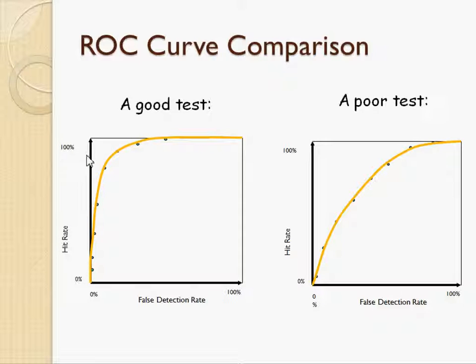The closer, the better. From the figure shown here, the left curve has a shorter distance between the left top corner and the curve convex point. Obviously, on the right-hand side, this curve has a longer distance between the top left corner and the curve convex point. As a result, we can conclude that the testing that generates the left curve is better than the testing generating the right curve.